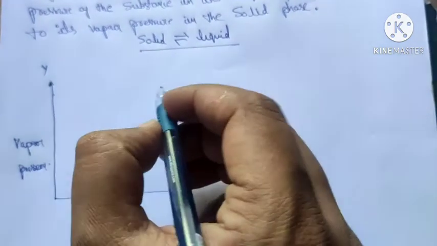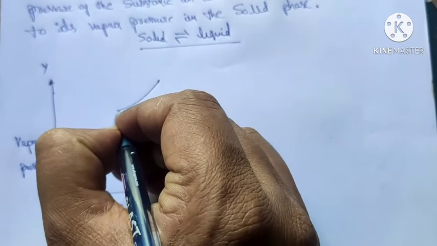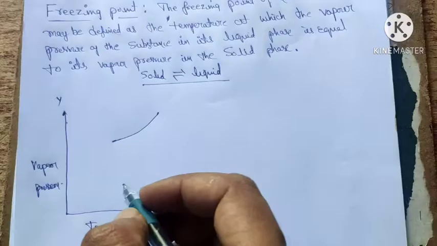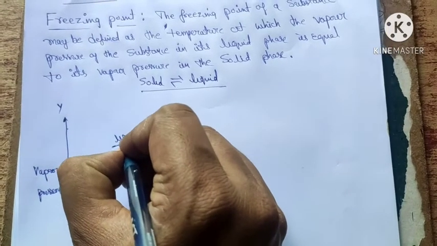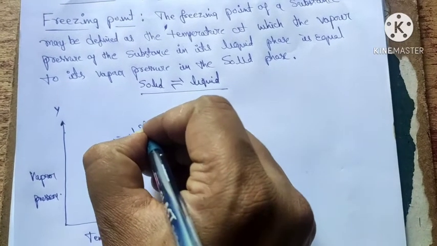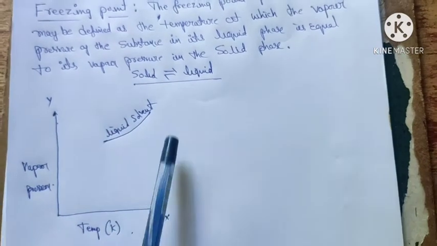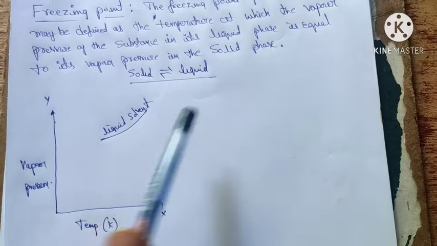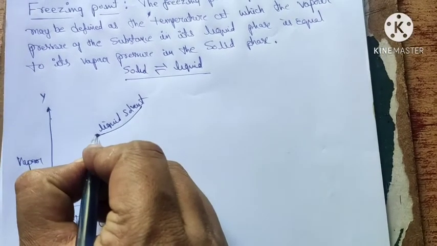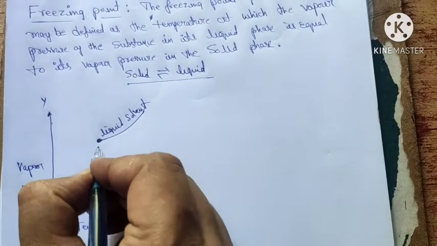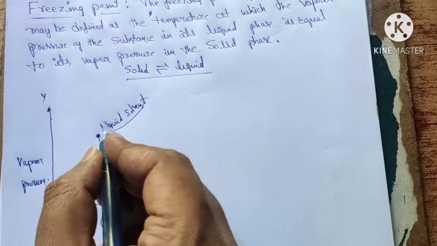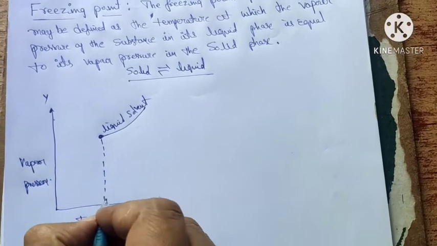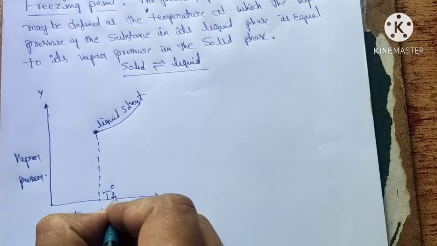So when we take a pure solvent, a pure solvent is a liquid solvent. As the temperature decreases, at this point it becomes solid. Liquid at this point becomes solid. This is called T naught F.